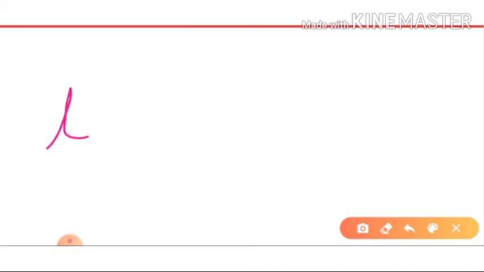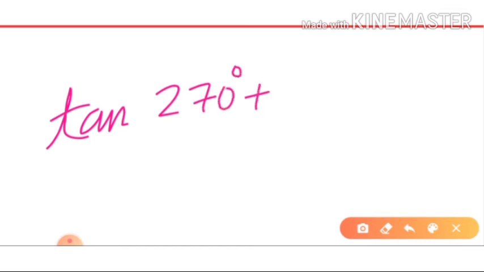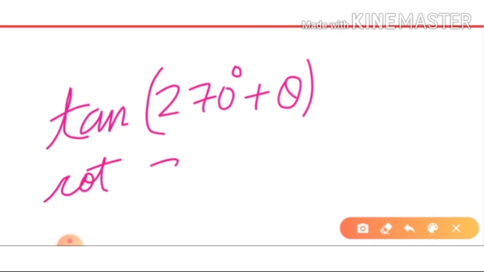Likewise, we can do any equation, we can find the value. Like say, we take tan of 270 plus theta, and we can take cot of 270 minus theta.